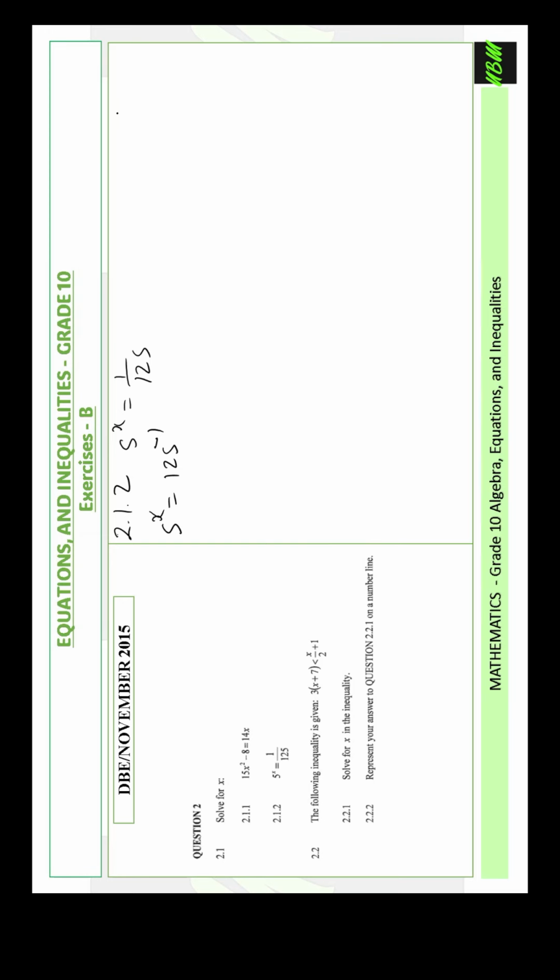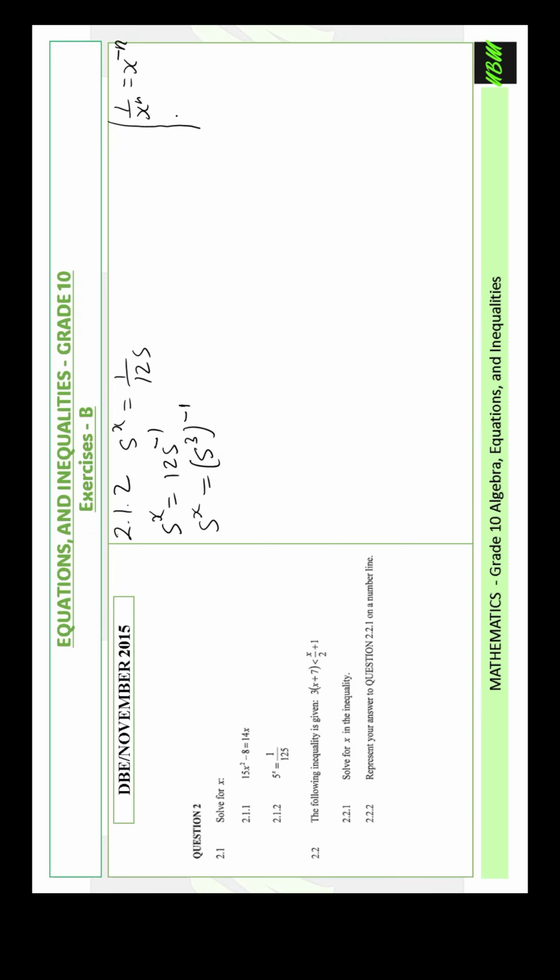Remember, from the laws of the exponents, we know that 1 over x to power n is equal to x to power negative n. And then from there, we have 5 to power x equals 125. 125 is the same as 5 to power 3. We write it as an exponent, 5 to power 3. Then all this is raised to the power of minus 1.